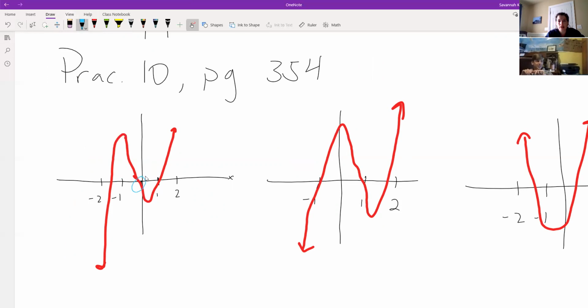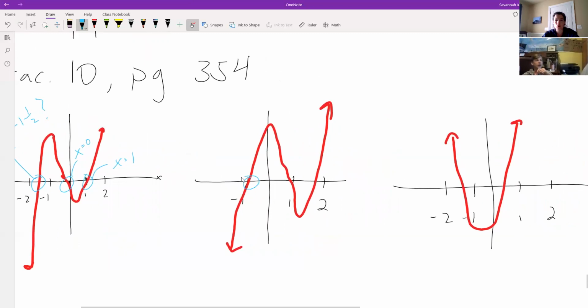So notice that this crosses at x equals 0, at x equals 1, and right here, I am guessing that's like -1.5, maybe. I'm just eyeballing.